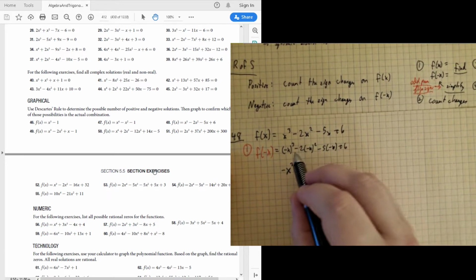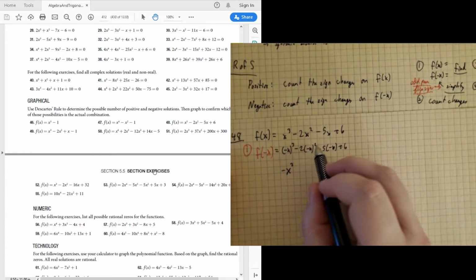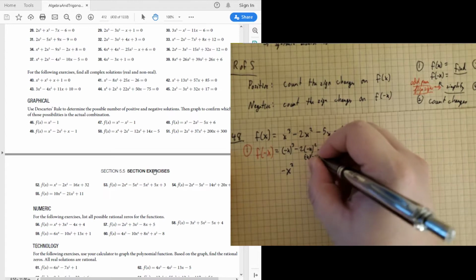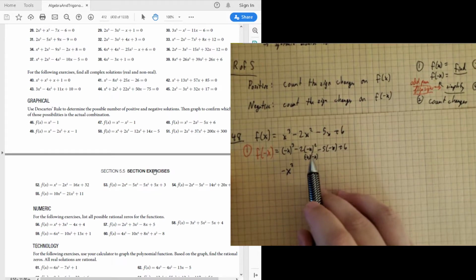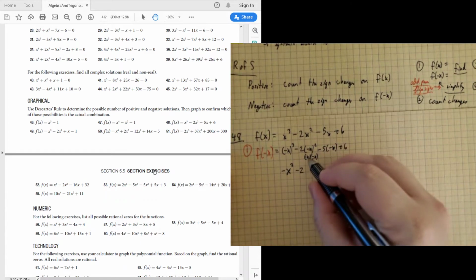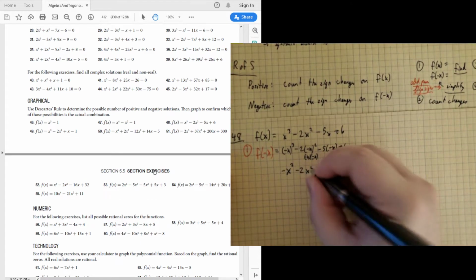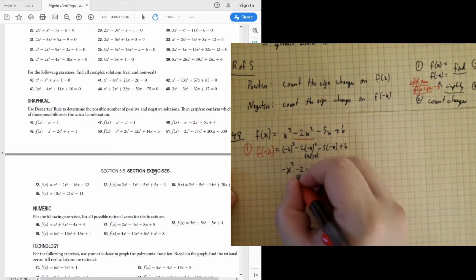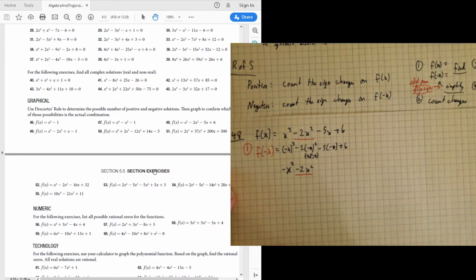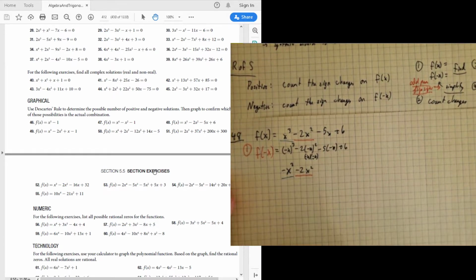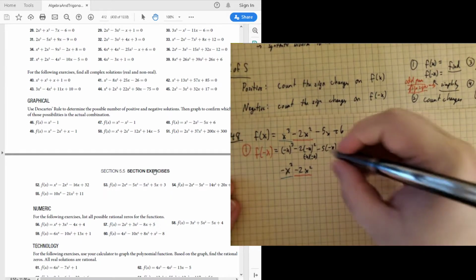However, the minus 2 and the negative x squared, so negative x squared would be negative x times negative x. Negative times a negative would make this positive, but then times negative 2 would keep this a negative 2. x times x would give me, of course, x squared. So you notice that the even terms stayed the same, whereas the odd term changed.